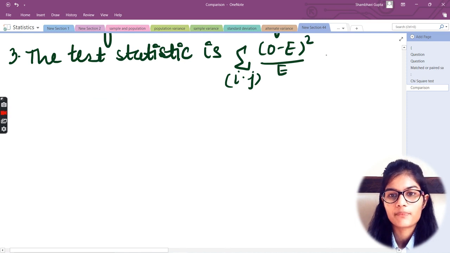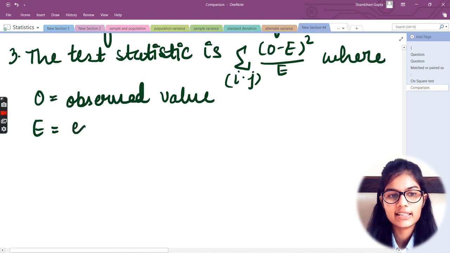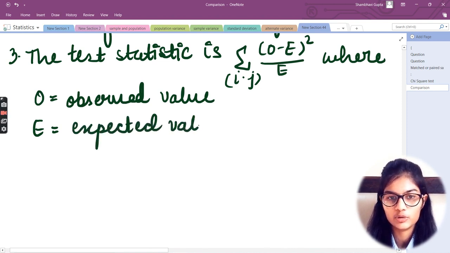Now what are all these notations I put down? O is the observed value. What about E? E is basically the expected value.